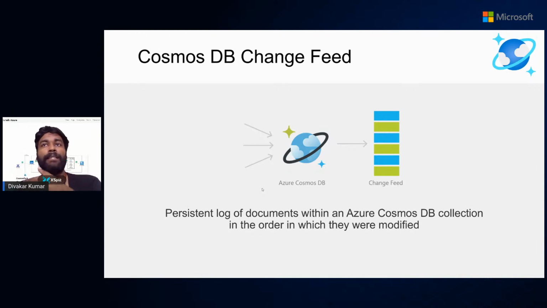That makes it easier for you to query a particular document when you are pointing to that partition key. So make sure that you choose this partition key wisely when it comes to ordered delivery as well, because the change feed works in a way with this partition key only, and you will get the changes in order only if you choose the right partition key.